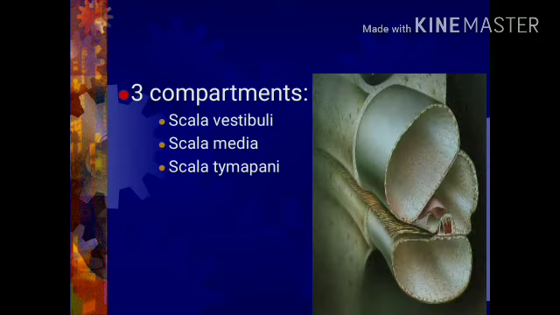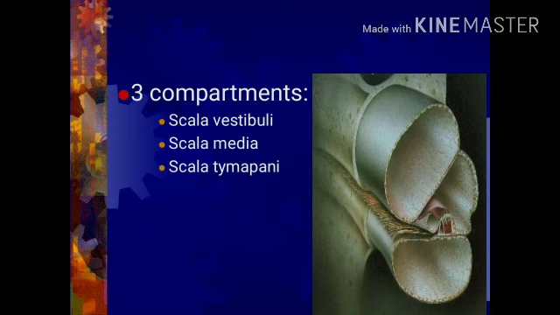These two membranes divide the cavity of the cochlea into three compartments: scala vestibuli, scala media and scala tympani. Scala vestibuli is the uppermost compartment into which the oval window opens. Scala media is the middle compartment in which the organ of Corti is located, and scala tympani is the lower compartment which ends at the round window.